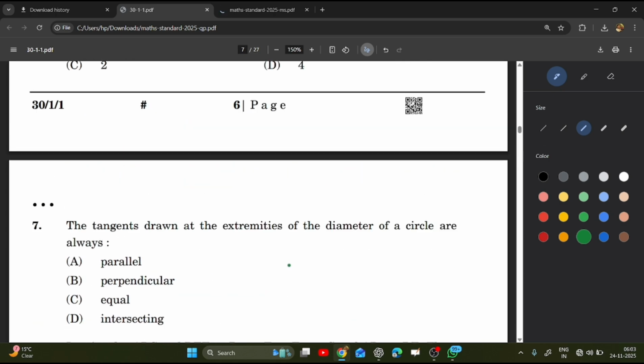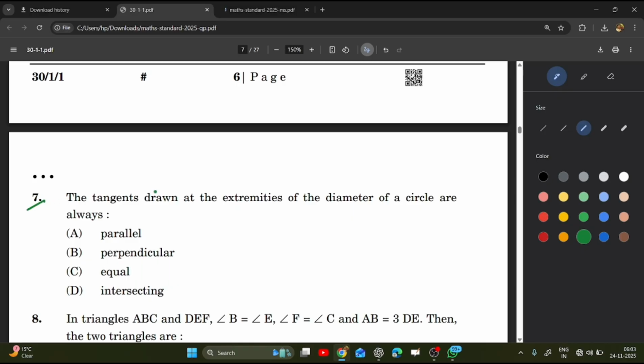Now the seventh question. The tangents drawn at the extremities of the diameter of a circle are always. Okay, so there is a circle and this is the diameter.